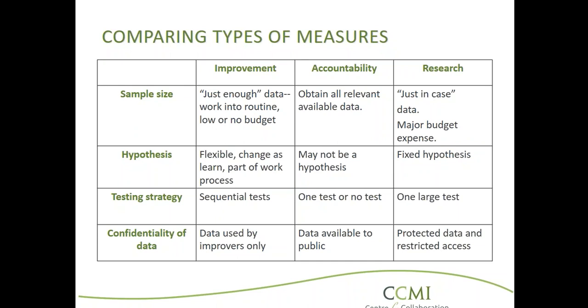As I said before, for sample size, we get just enough data to know that what we're doing is changing things. It's flexible. Our hypotheses are flexible. In research, they're fixed. You can't change the hypothesis in the middle of a research study, but we can in improvement. For testing strategies, we typically do sequential tests. So we try something, learn a little bit, and try something built on that. But in research, it's one large test with one large data collection.